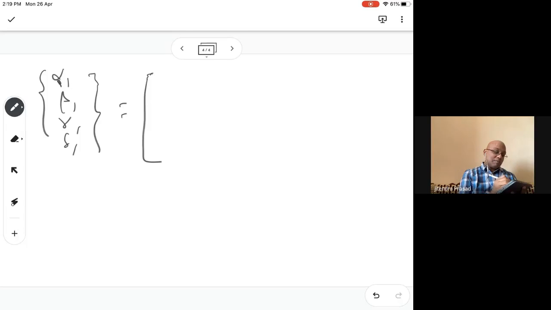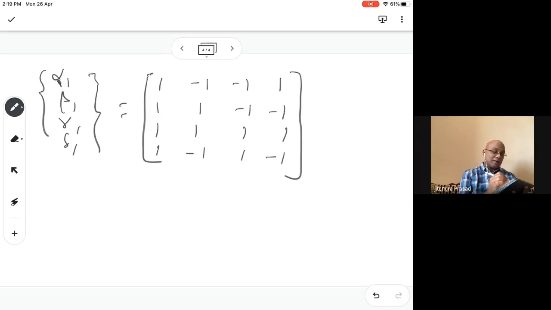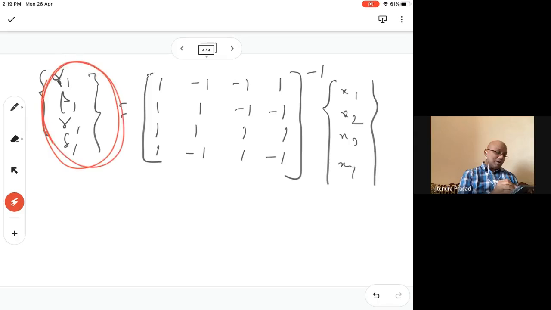So we have the matrix with entries 1, 1, minus 1, minus 1, 1, 1, 1, minus 1, minus 1, 1, 1, 1, 1, then 1, and then minus 1, 1, minus 1, right? And the inverse of that, and then here we get x1, x2, x3, x4. So we got this value, right?